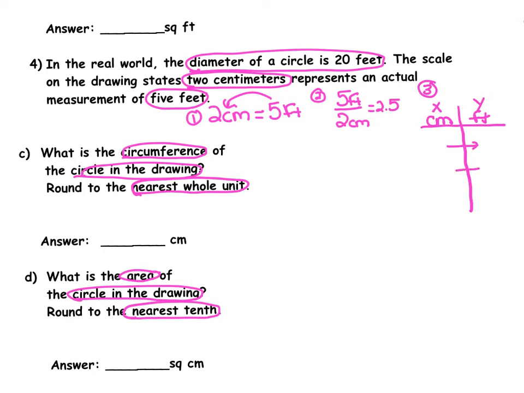But if you're converting from feet to centimeters, we would divide by 2.5. Well, let's see what we've been given. Step 4, let's draw our circle. We have been given a diameter of 20 feet. Please draw your circle with a diameter.